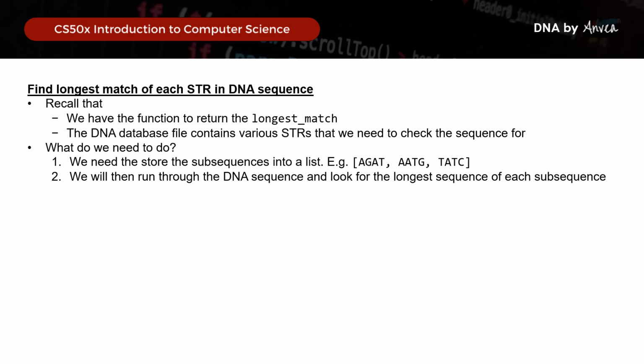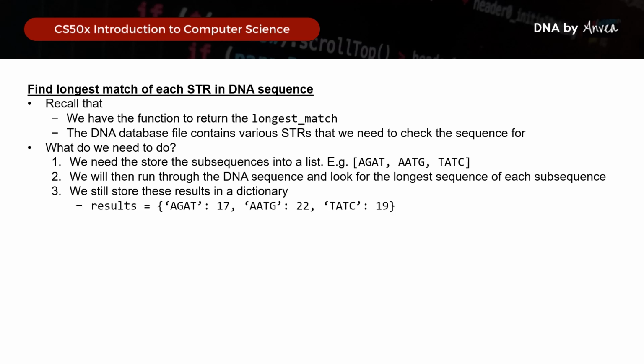We will then need to run through our DNA sequence, which is a sample that we have, and look for the longest consecutive runs of each of the subsequences. We'll go through the DNA sample and find out the longest consecutive run of AGAT, AATG, and TATC respectively, and we will store these results in a dictionary.